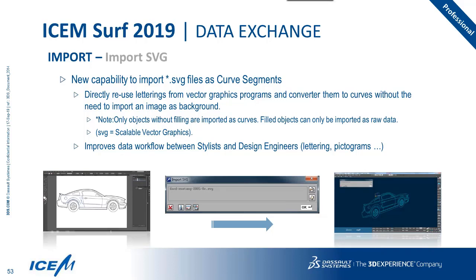But if you import filled objects, like a flood fill between curves, then it comes in as raw data. The SVG file is a standard format, and it makes the workflow a lot easier to get the curve-based imagery right in there. You don't have to trace over the TIFF files anymore, or use DXF. You can actually get the native genuine data.